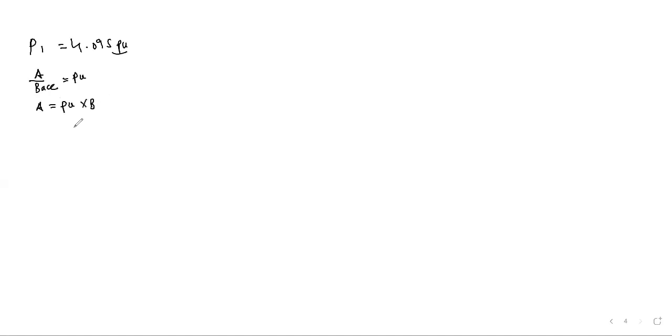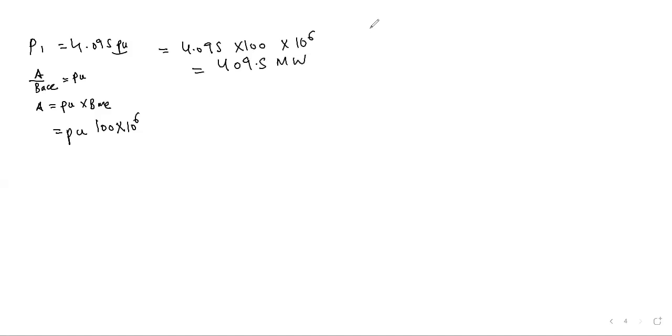So what is my base? Base is 100 MVA, 100 into 10 power 6. So 100 into per unit will become 4.095 into 100 into 10 power 6. So this will become 409.5 megawatts, right?